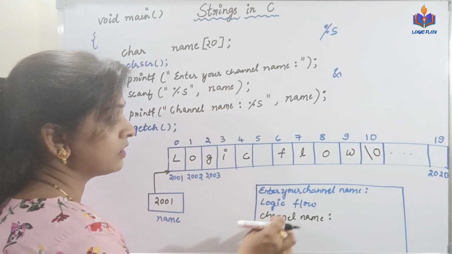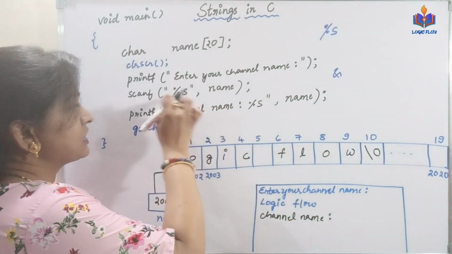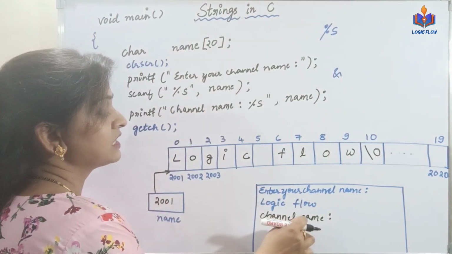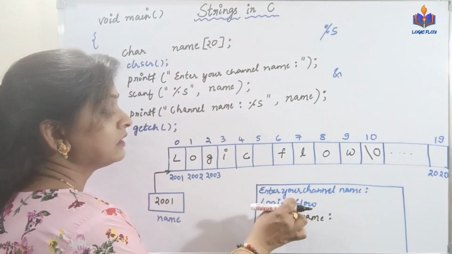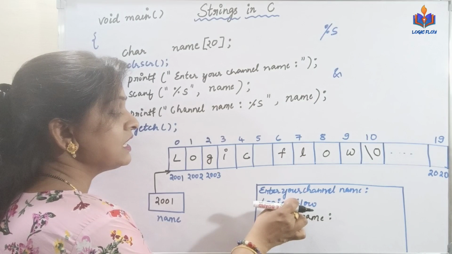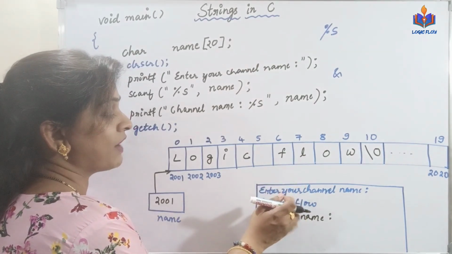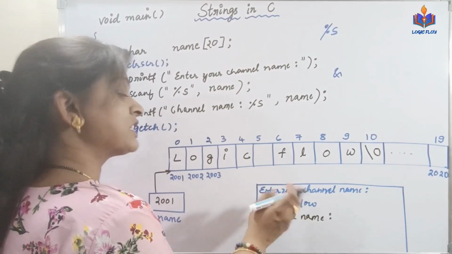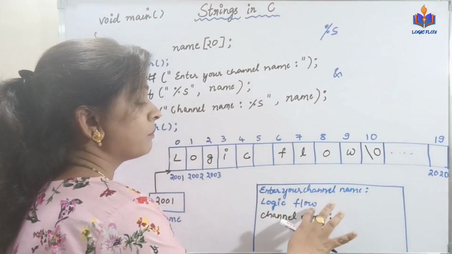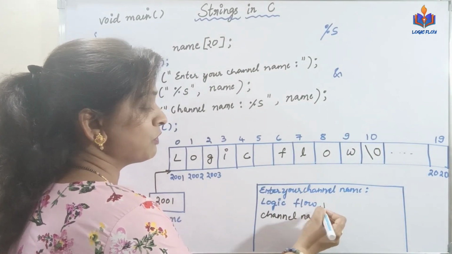So when %s scans this sequence of characters and you give a space, that white space indicates that it has to stop taking the values. You may give space while inputting, but scanf will stop at the space, even when you press the enter key later.